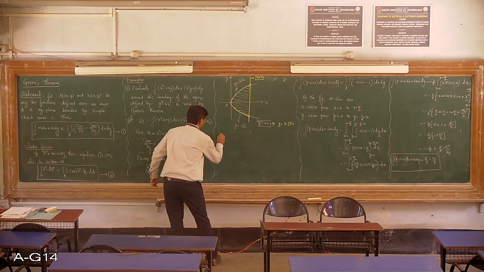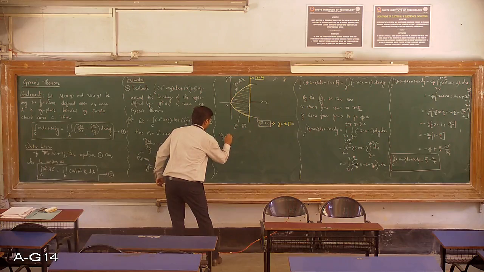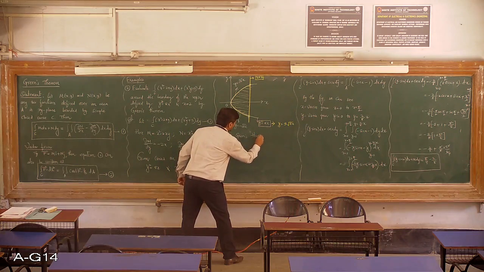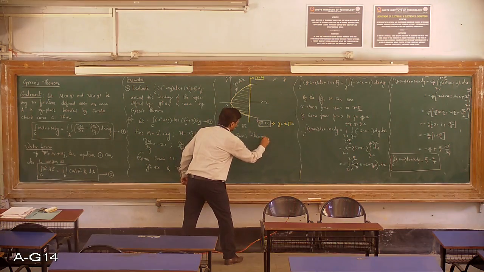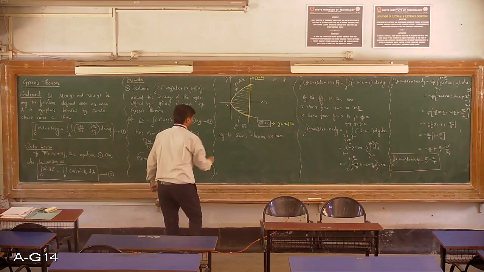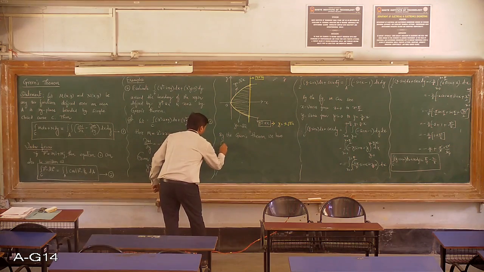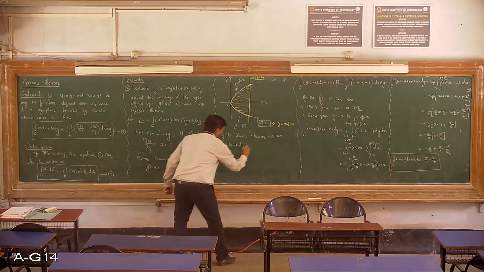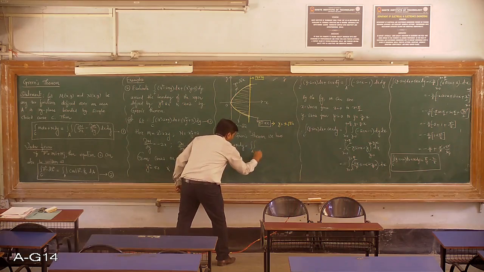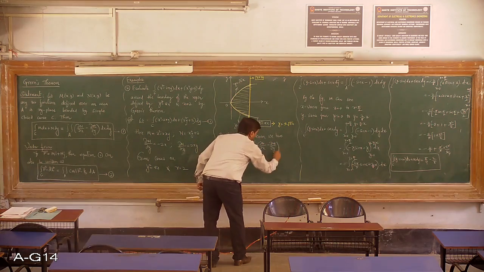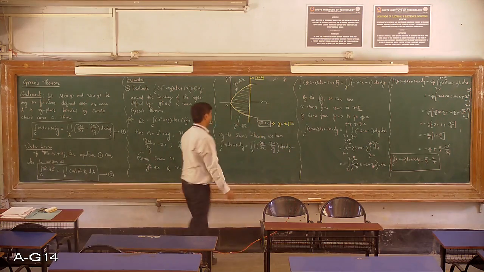Now by Green's theorem, we have the integration over M dx plus N dy over a curve C equals the double integration over an area A of dou N by dou x minus dou M by dou y into dx into dy. So now put M and N.